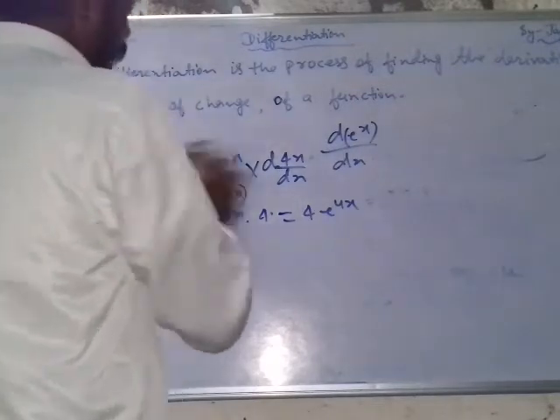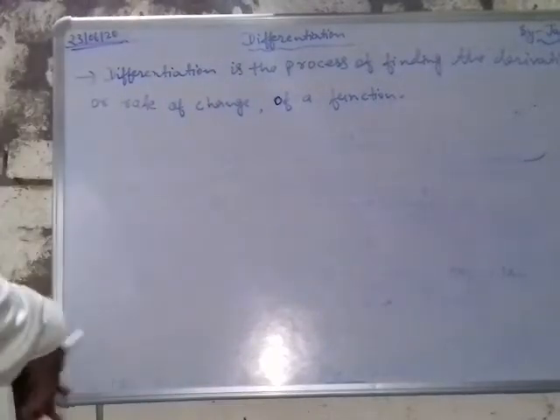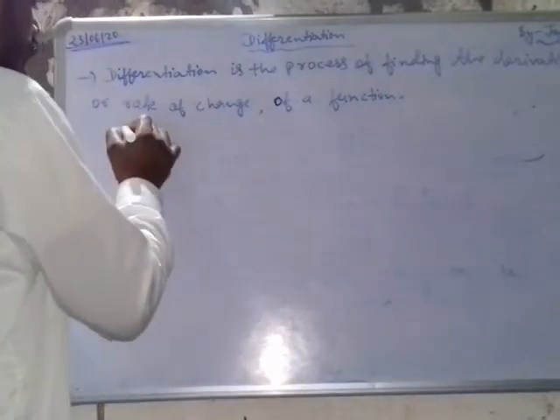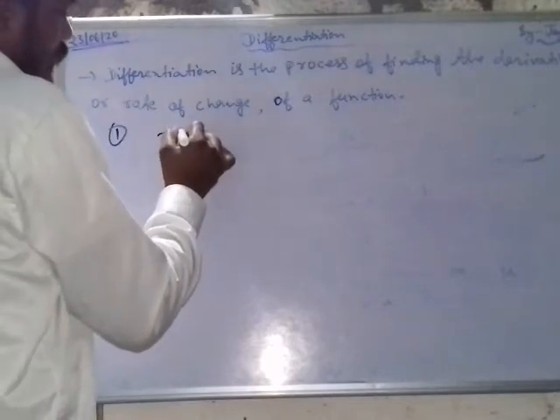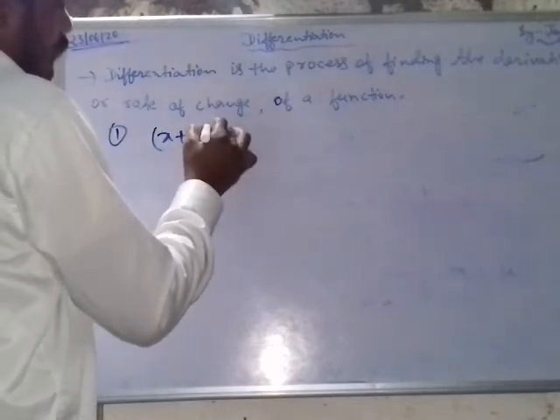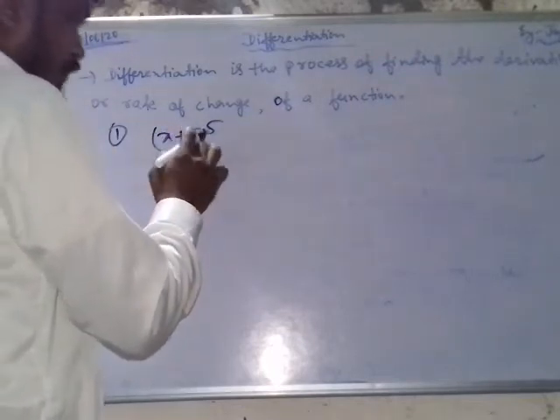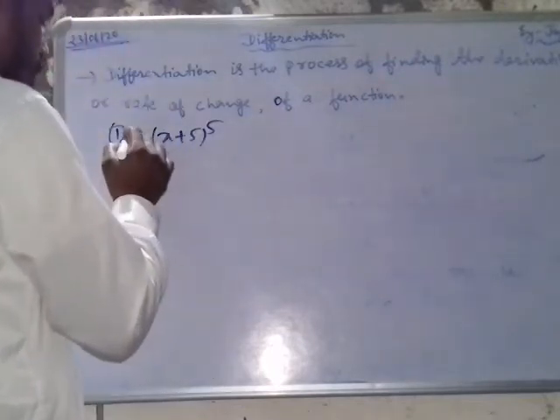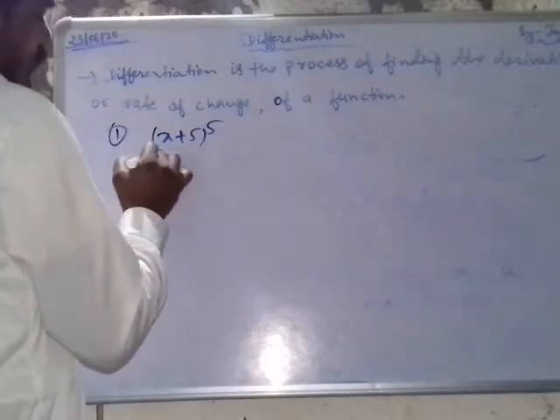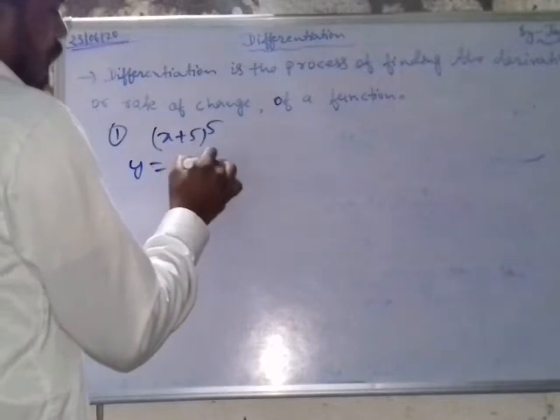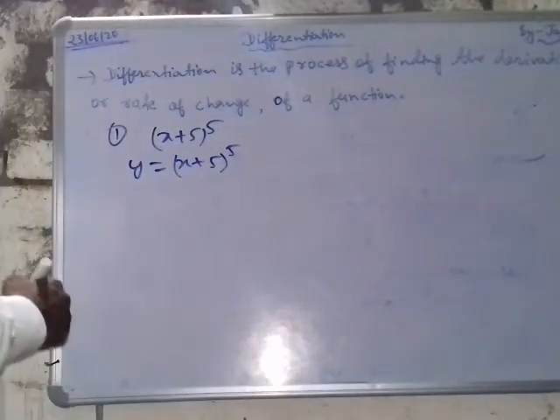The next problem may be written as x plus 5 whole to the power 5. Then we write y is equal to x plus 5 raised to the power 5.